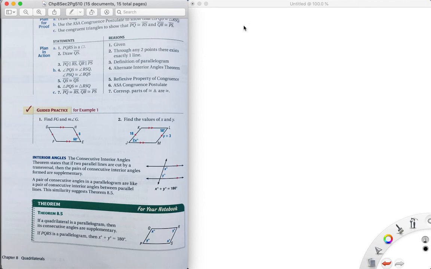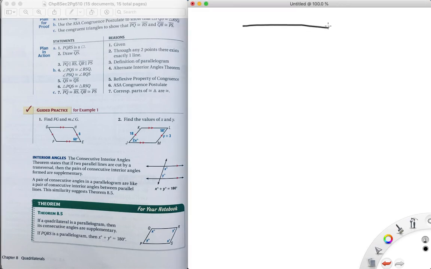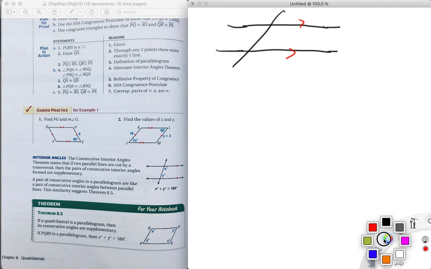Alright, so going back to alternate interior angles, if we had a transversal that cut across two parallel lines, we know that consecutive angles are supplementary.